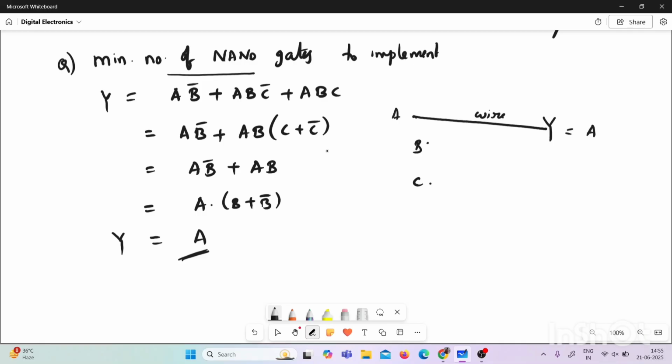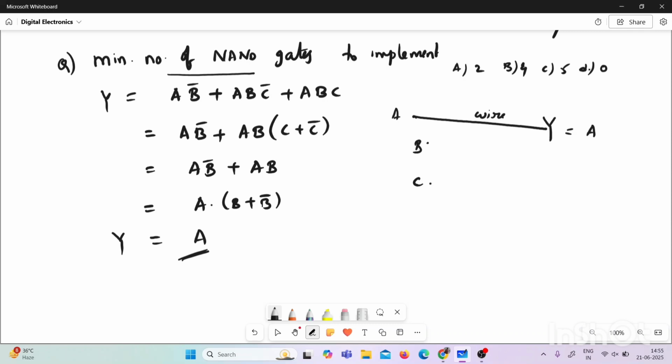In the question, there may be some confusion. They confuse you by giving options like 2, 4, 5, and the last option is 0.